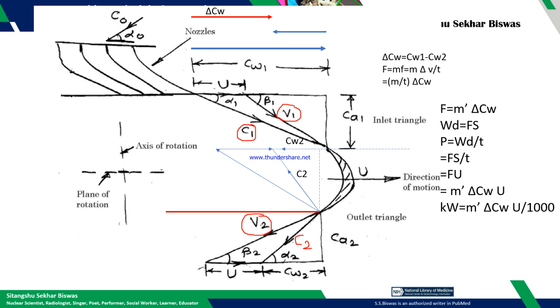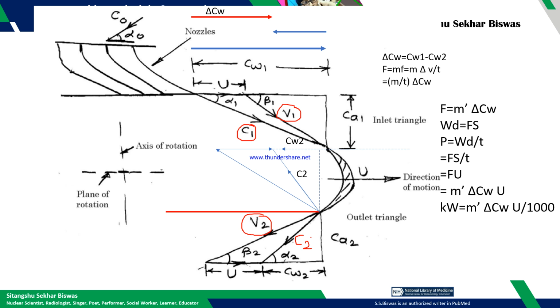And similarly, the resultant of the moving blade velocity and the relative velocity of the steam at the exit will give the absolute velocity of the steam at the exit. So this concept is already clear.